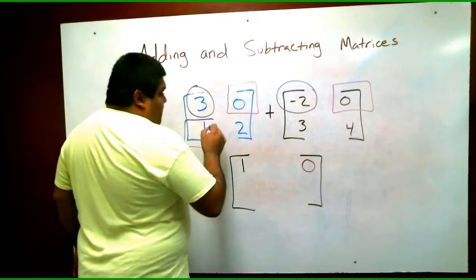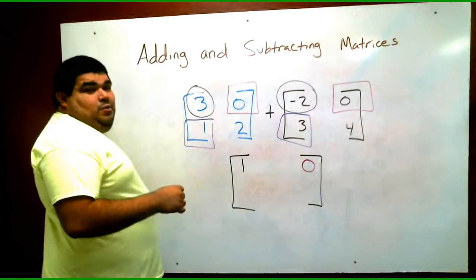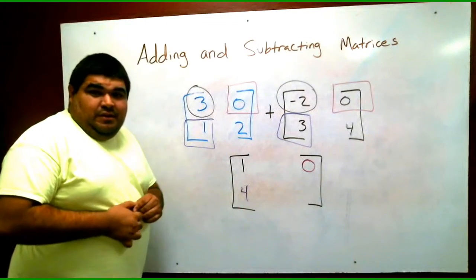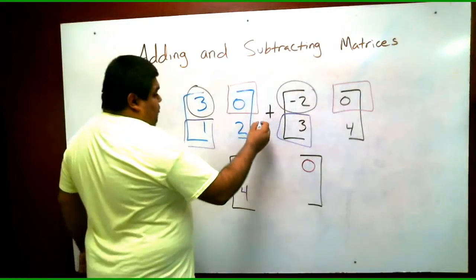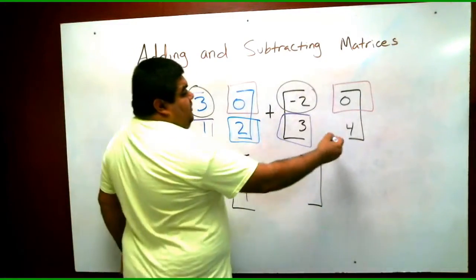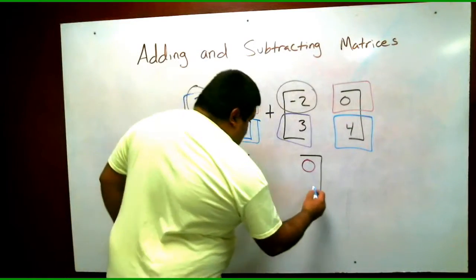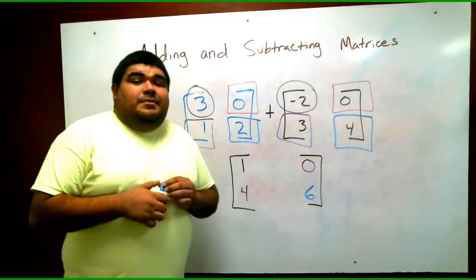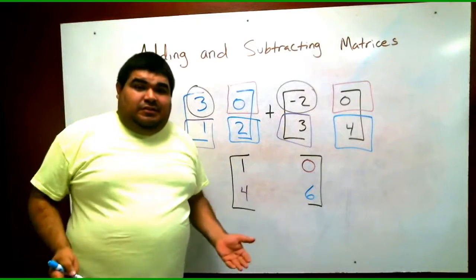We have 1 plus 3 equals 4, right? So we're going to put 4 down here on the corner. And then finally, our last one, which is 2 plus 4 is 6 on the lower right corner. And that's how you add matrices. We're going to do one for subtraction just so we can get the practice of it.